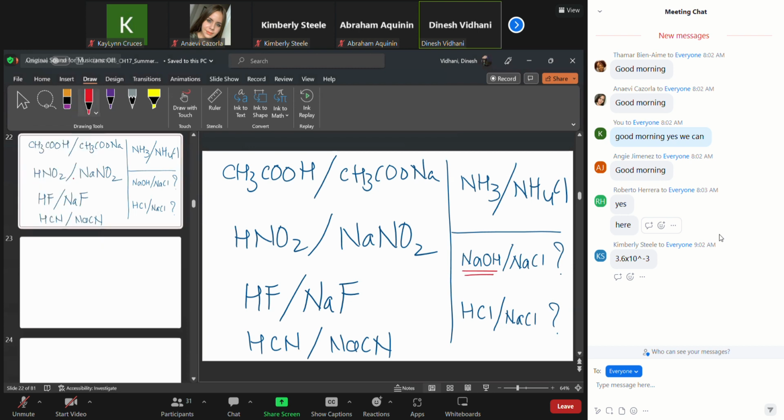Sodium hydroxide is a strong base. HCl is a strong acid, so it does not meet the requirement for a buffer. Okay, now given that, let's jump into the next aspect.